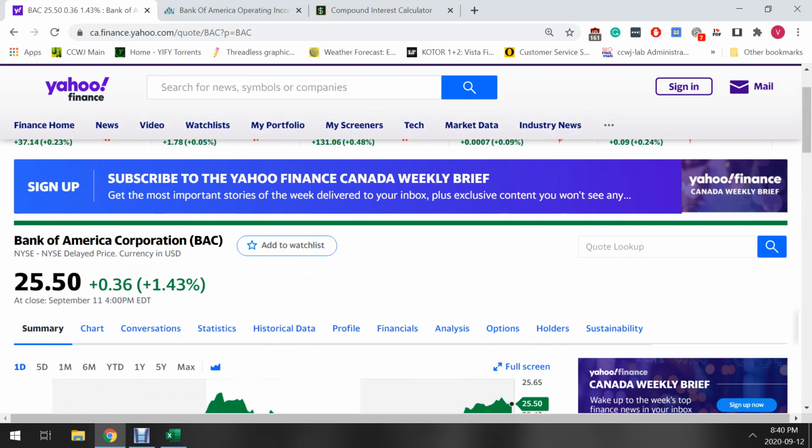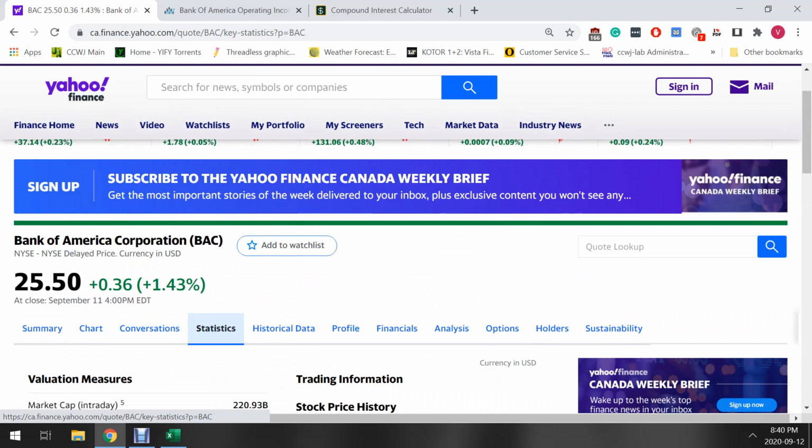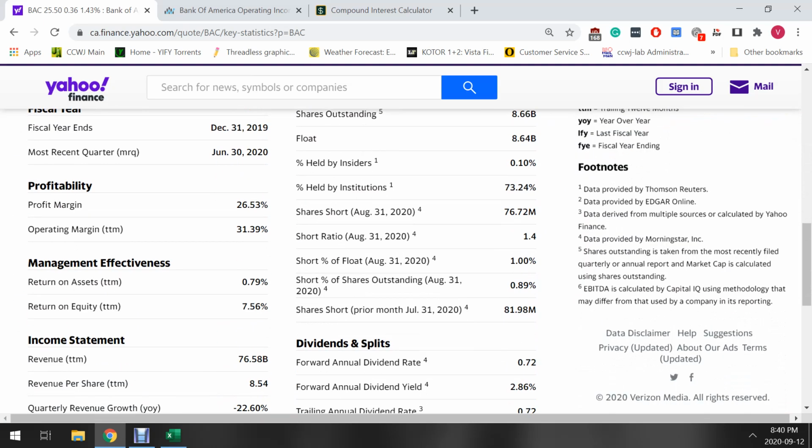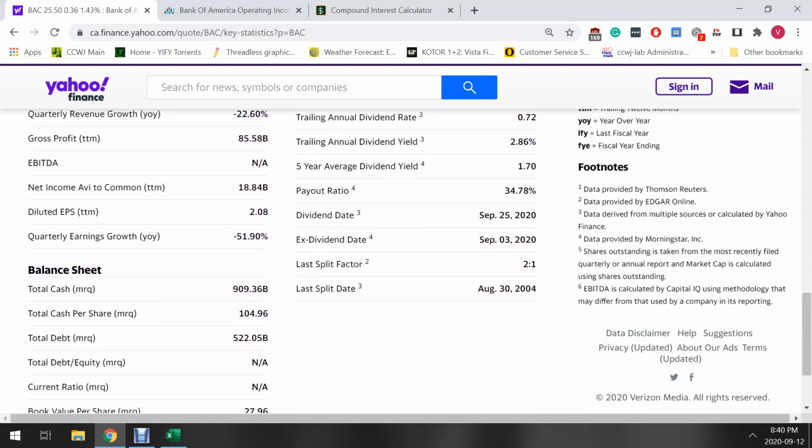But let's say, there is more. Not just this. Then you have to go to statistics under Bank of America, and you will see if you scroll down that it already has quite a bit of cash, and then it has quite a bit of debt too.